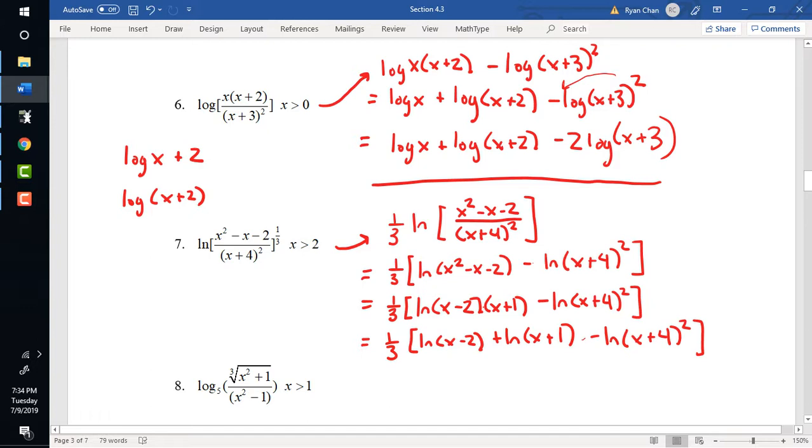Now, let's see what the last steps are. Notice I have a square on top. I have to bring that down. So it's going to look like this: 1/3 times natural log of (x minus 2) plus natural log of (x plus 1) minus 2 natural log of (x plus 4).